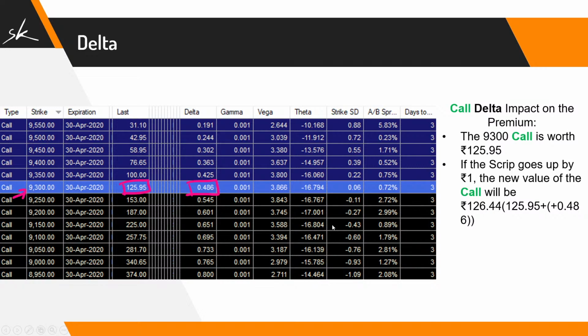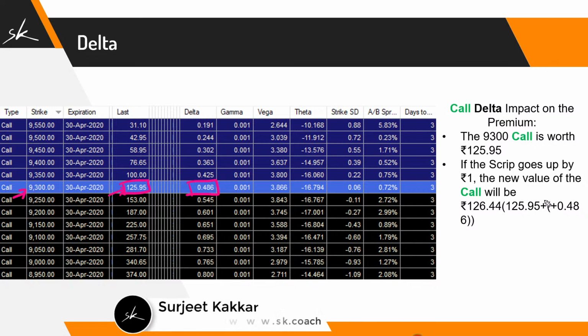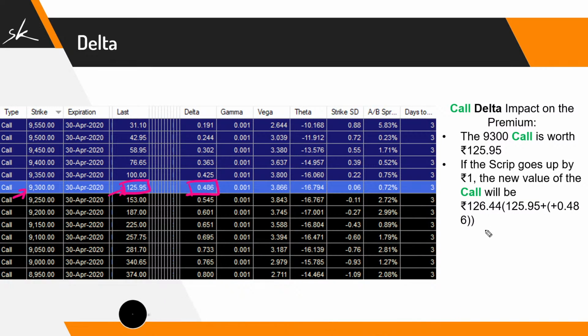Why 126.44? Because whatever the current market price was at that given point of time, it was 125.95. And because now the underlying has gone 1 rupee in my favor, we'll be adding. And how much will we be adding? Because calls have positive delta, we will be adding plus 0.486, because that is the participation. So the new value of that option will be 126.44.